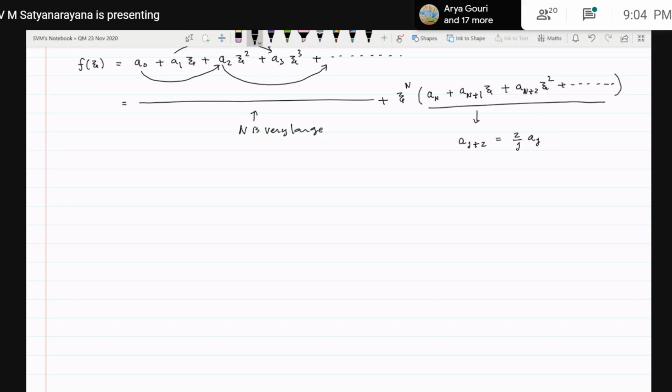So this recurrence relation is valid for an infinite series which is a later part of the series. After you remove a large number of terms, the remaining series also will be like that. So that is the asymptotic recurrence relation that we are talking about. Now, if this is the recurrence relation, what will be this infinite series? That is what we are trying to understand.